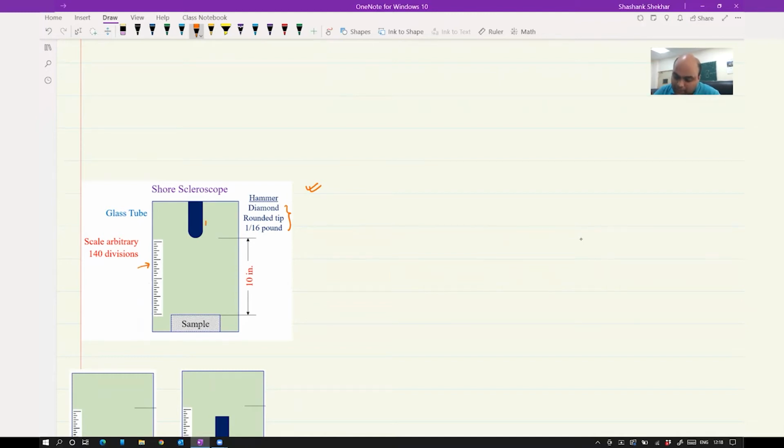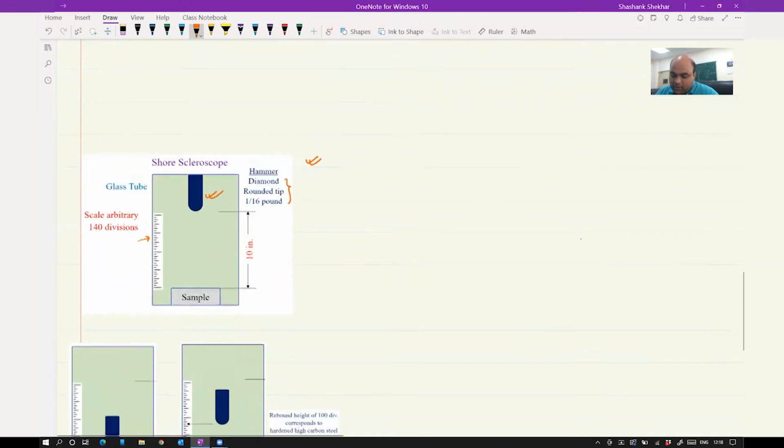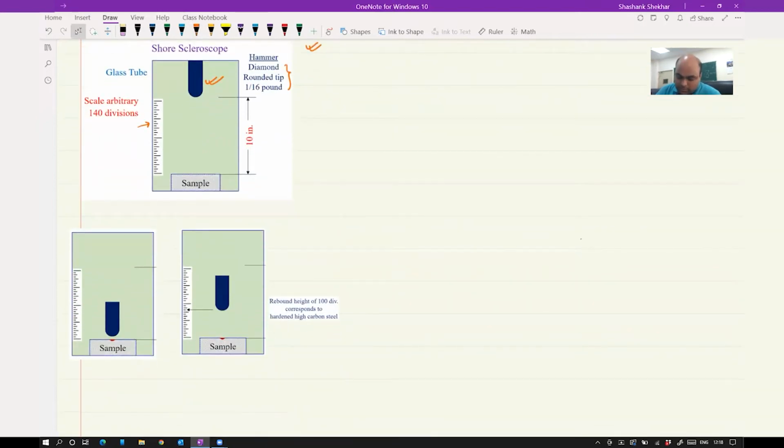So this hammer is going to be released, something like this. So this is situation number 2. Okay, and it is going to hit the sample. Your sample is at the bottom here. So your hammer comes down, it hits the sample and then rebounds back. Okay, so it travels this much height.